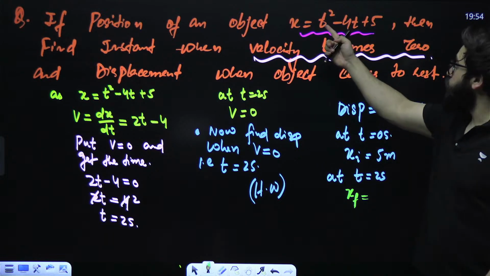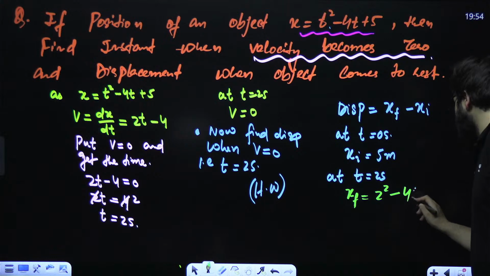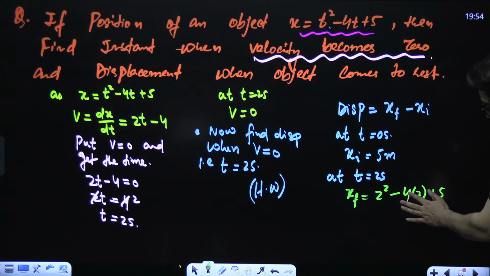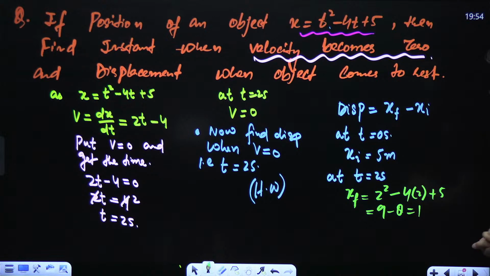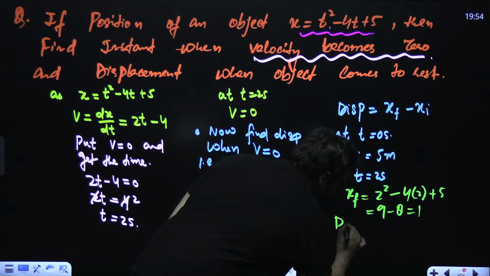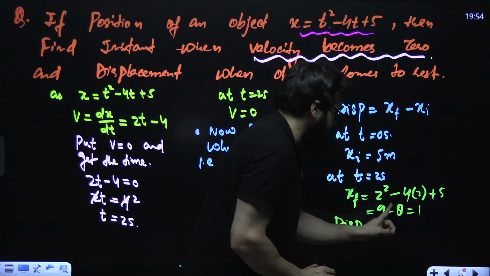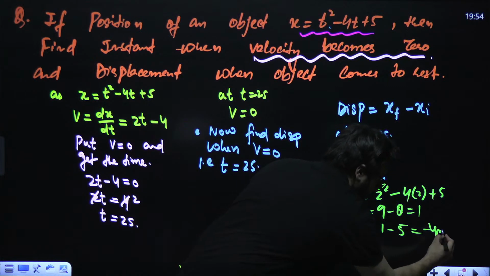That is 2² − 4 into 2 + 5. 4 into 2 is 8, 2² is 4, plus 5, so this will come out to be 9 − 8 = 1. Now the displacement in 2 seconds will be simply final minus initial. Final is 1 minus 5. That will come out to be −4 meters.